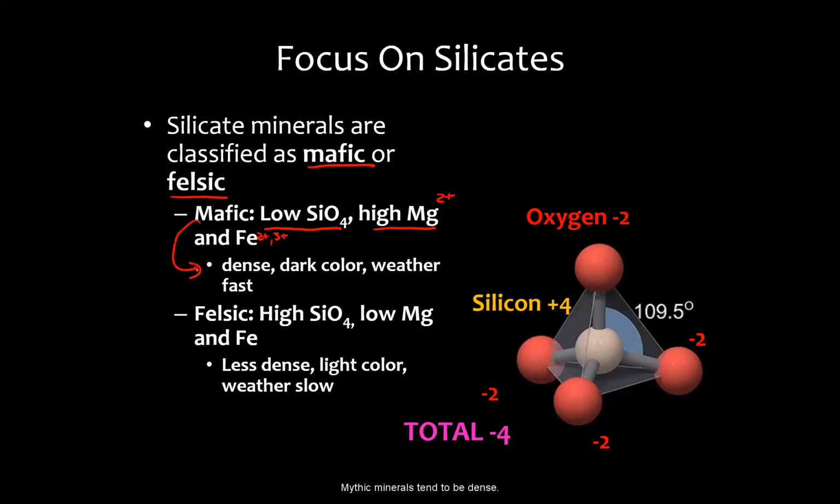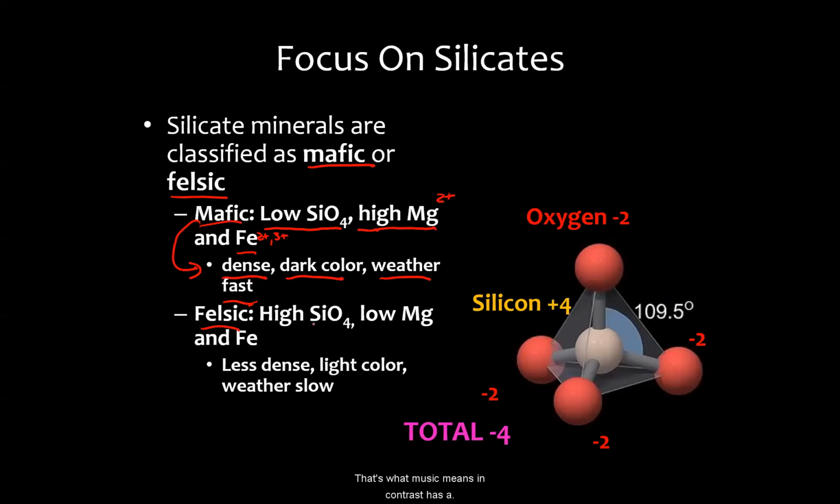Mafic minerals tend to be dense. They tend to have a dark color, and they tend to weather fast. So if you find a silicate mineral that is dense, has a dark color, or weathers fast, that's the observation that you would make. Your interpretation would be that it likely has a high content of magnesium and iron, and that we would classify it as a mafic mineral. So that's what mafic means.